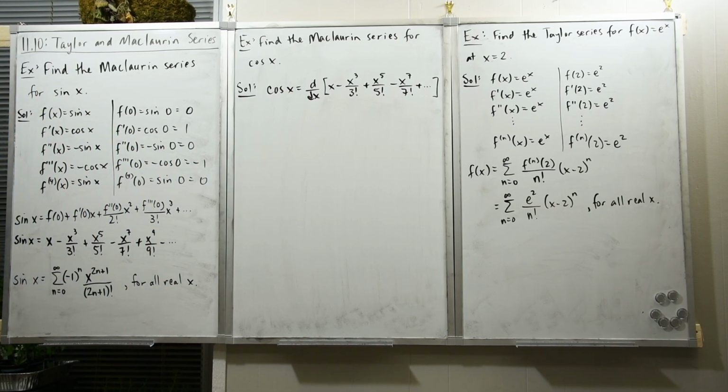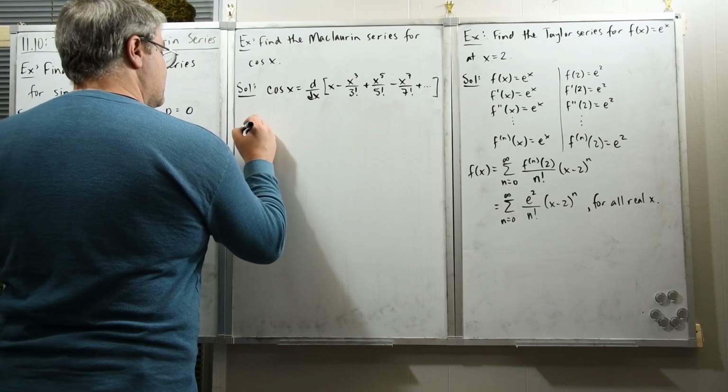Now you might ask, could we go ahead and approach this problem the same way we did here? And the answer is absolutely, yes, we could. But since we already have a representation for sine x in terms of Maclaurin series, might as well just go ahead and use that.